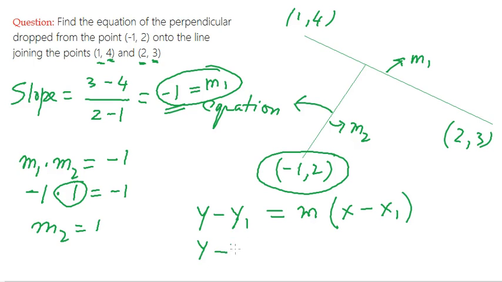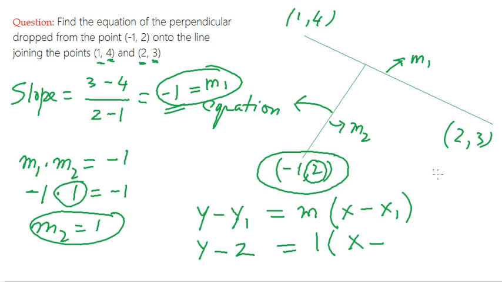So y minus 2 is equal to m, we have our slope already, 1, times x minus of -1.